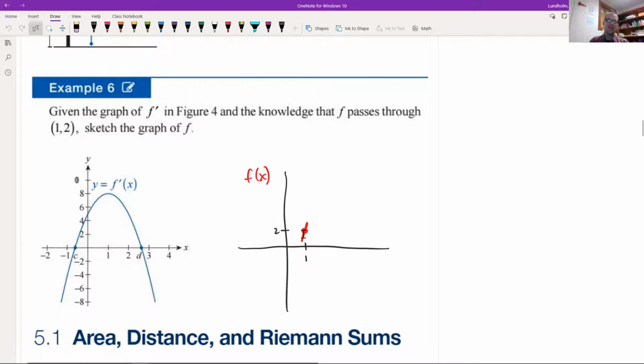And then it would slowly curve down to a slope of 0 when we get to C. So we'd be aiming for a flat slope here. So maybe I sketch that there. And then we'd be aiming for a flat slope at D. And D's over here somewhere. And we'd get a flat slope there.